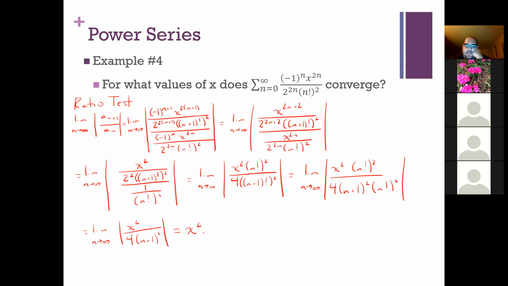I'm going to take the absolute value off because squaring will always make something positive. Would it go towards 0? Yeah, it's going to go towards 0. So this limit goes towards 0. So what does that mean about the values of x that are going to make this power series converge?